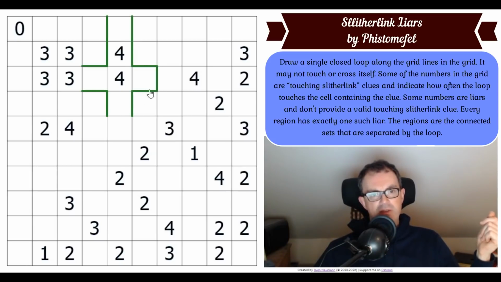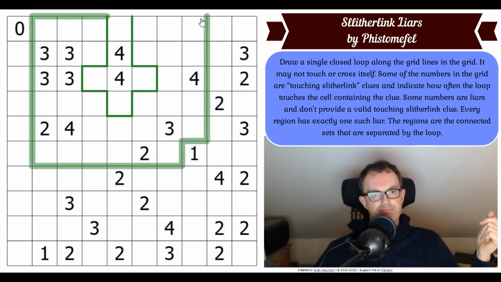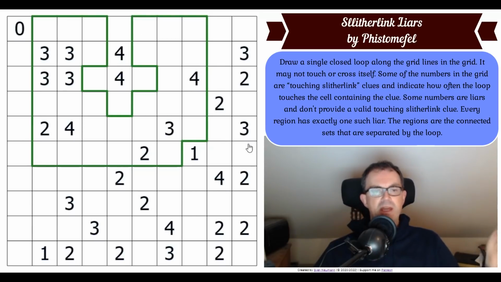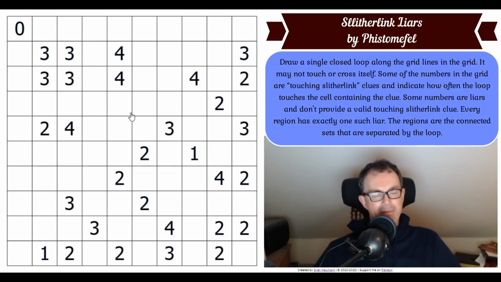If we did that, and that, and then the loop did this, these 4s would be out of the loop. So this is crazy. So if one of the 4s is correct, we don't know whether it's inside the loop or outside the loop, but we do know that the other 4 would be incorrect.